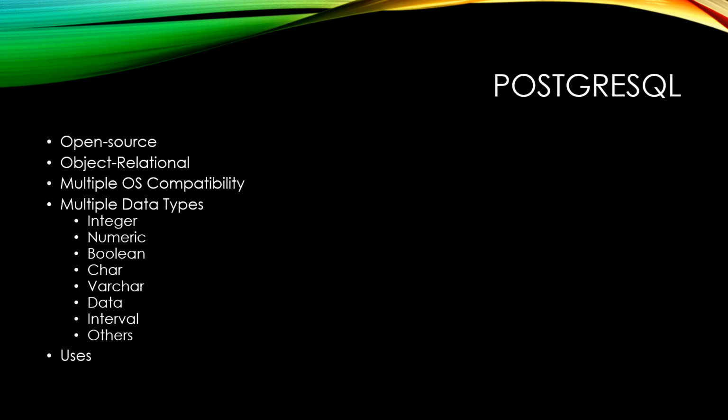Postgres supports several different data types, including integer, numeric, boolean, date, interval, varchar, char, and all kinds of others as well. And it's capable of storing all kinds of different data, such as large pictures, videos, and audio files, which are dynamic data sources.